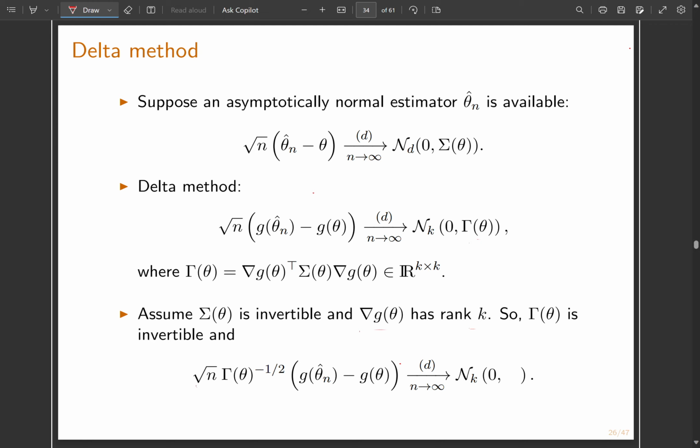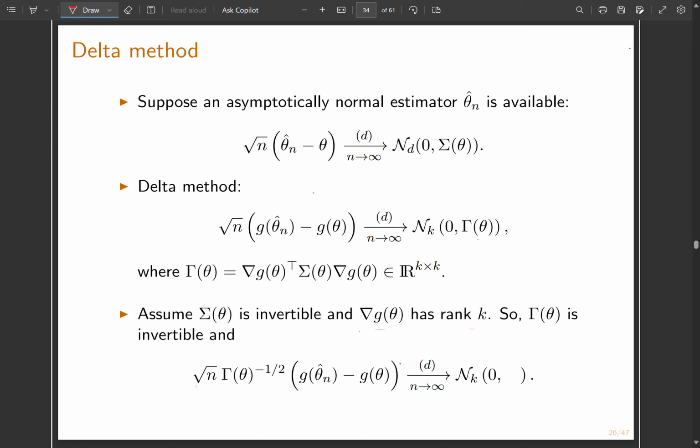So we start, then we apply a function g on top of this MLE, and it becomes g of theta hat and g of theta, and that will give us a product called gamma of theta, which is basically a product of g of theta and sigma of theta, and this is in one dimension, which is the variance.